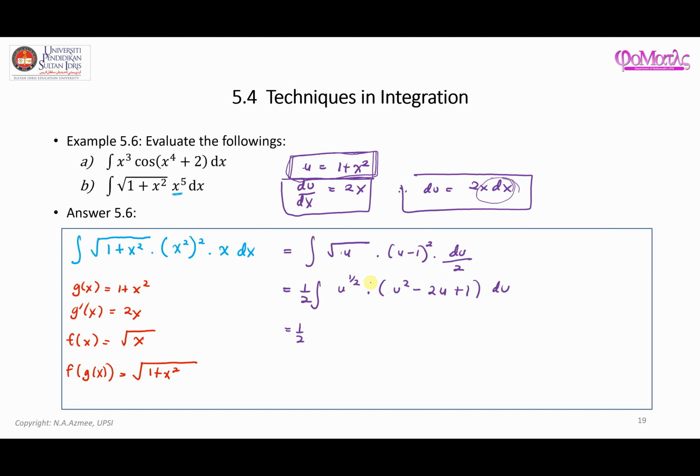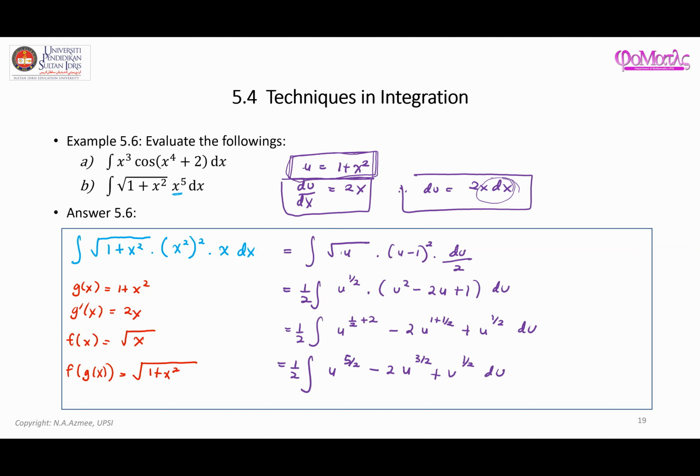And you can multiply with the component here, so that becomes u to the power of 2 plus 1 over 2, which is 5 over 2, minus 2u to the power of 1 plus 1 over 2, which is 3 over 2, plus u to the power of 1 over 2 du.